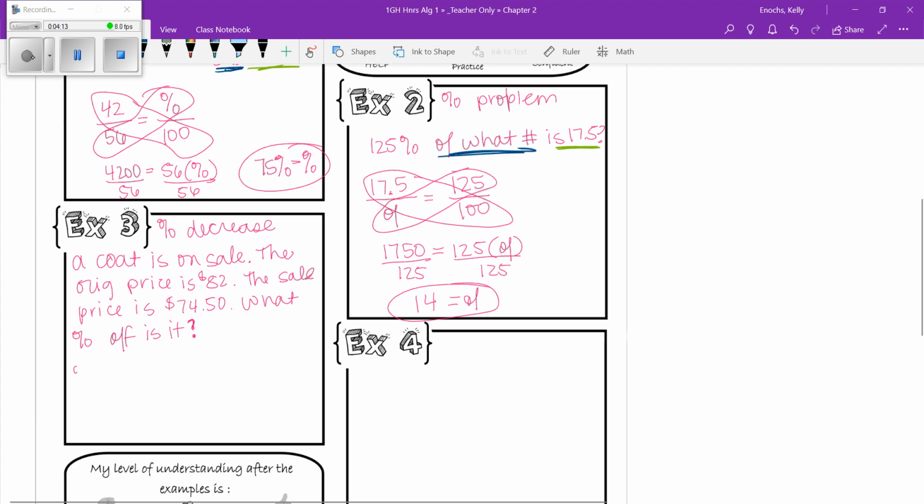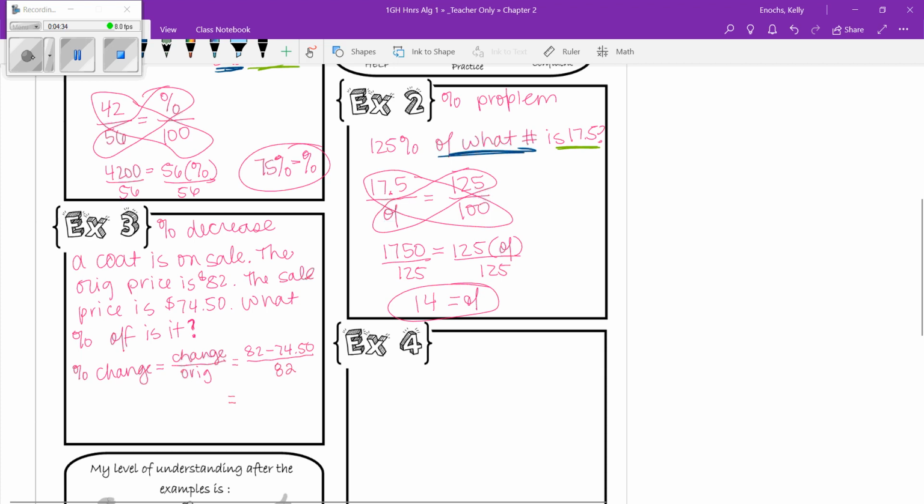All right, so if you remember, percent change is the change on top, the amount of change on top, and then your original price on the bottom. So here we're going to take $82 and subtract $74.50, put it over our original price of $82.